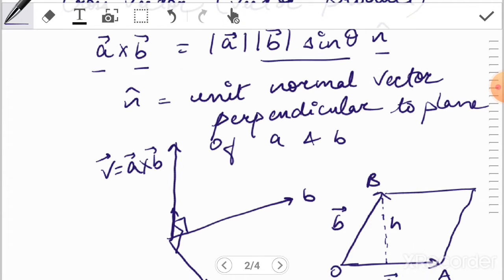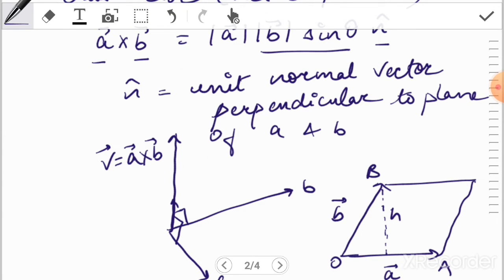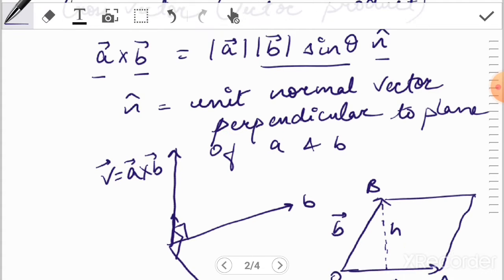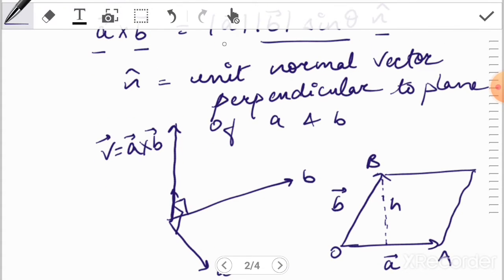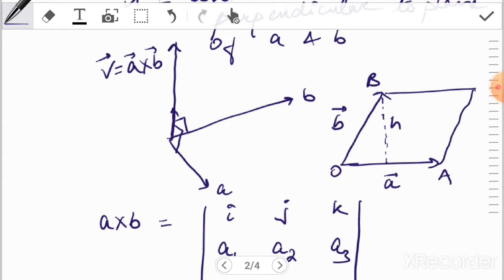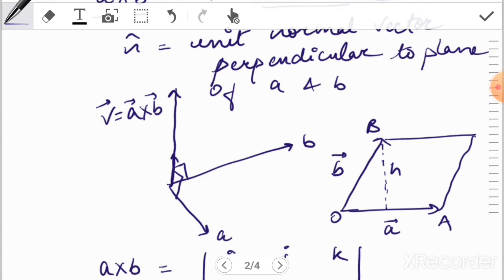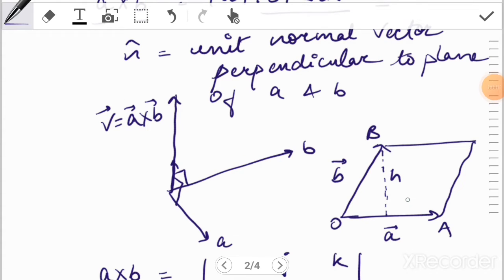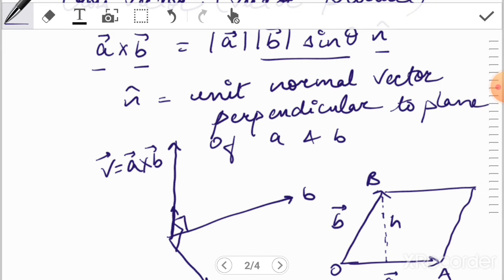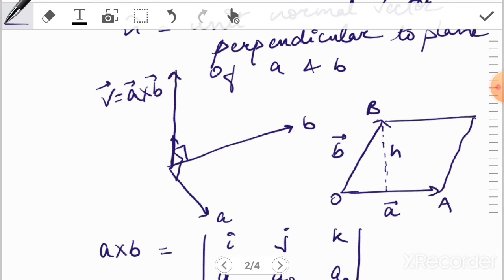So B sin theta represents the height of this parallelogram, and the magnitude of A vector is the base of this parallelogram. So we know that area of parallelogram is base into height. So geometrically, absolute value of A cross B represents the area of a parallelogram.